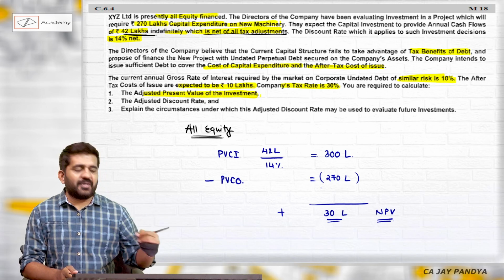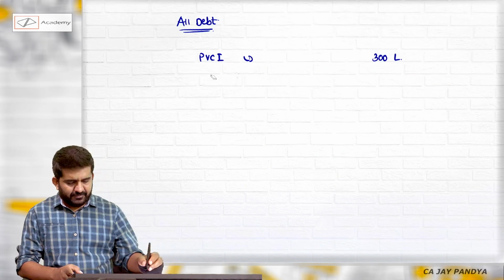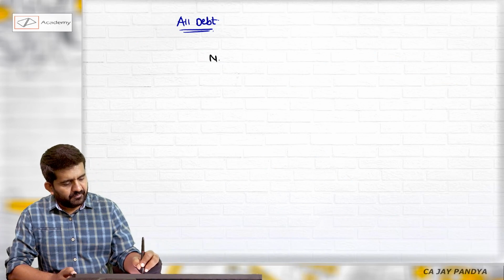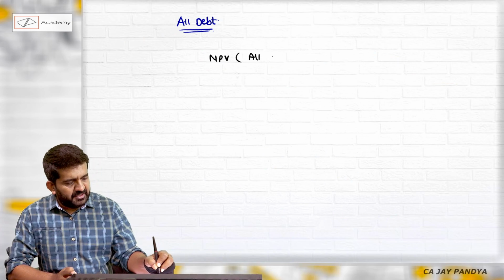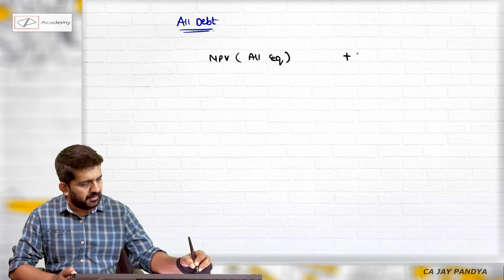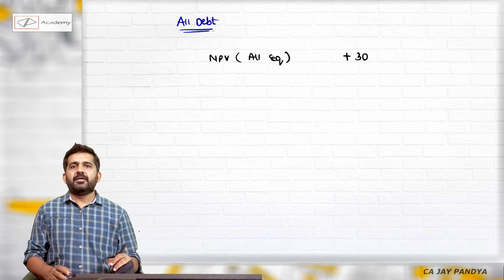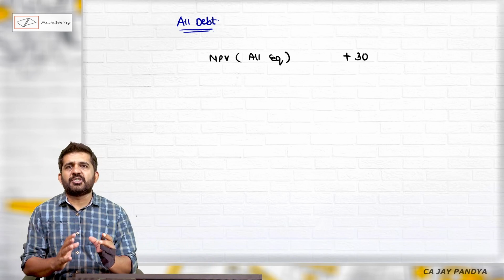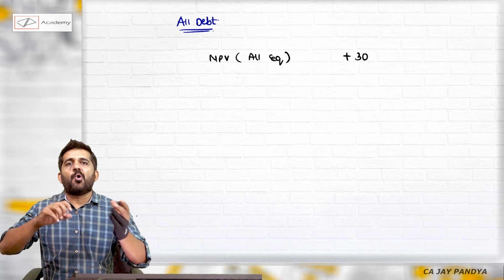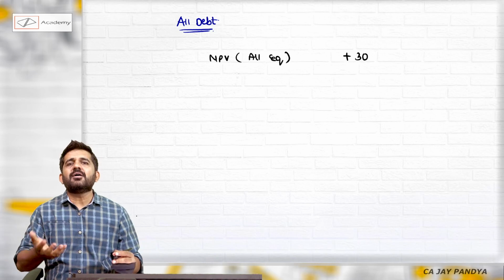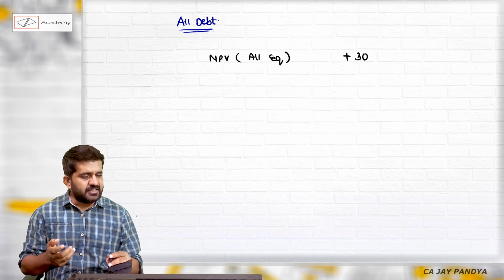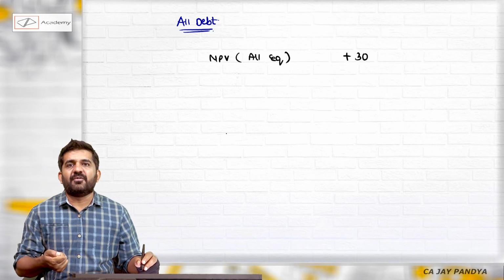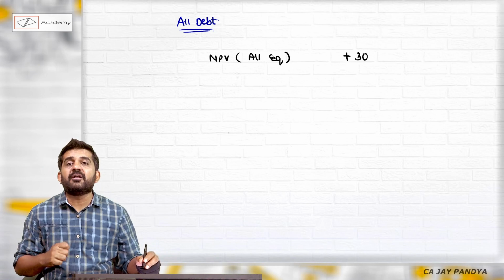So instead of taking both the figures, I am taking NPV if it is all equity financed. NPV is positive 30. Now please understand, if I convert this project from all equity to all debt, what are the benefits? What are the losses? Let me adjust it over here. This is all equity. Number one benefit is whatever interest I will pay.